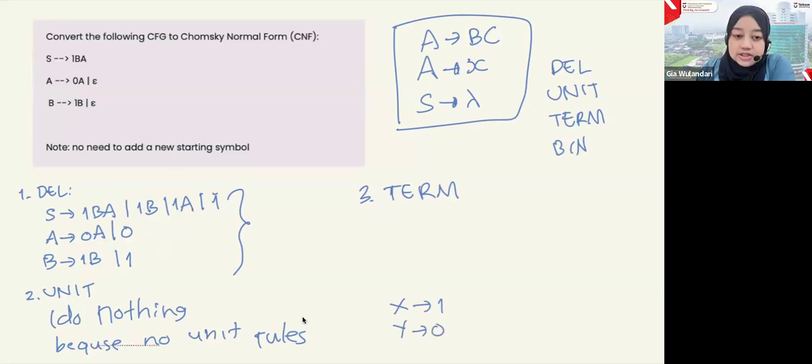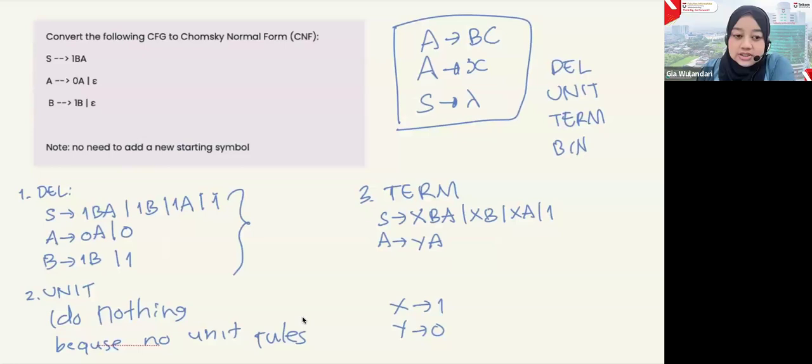So 1BA can be changed into XBA, and then 1B can be changed into XB, and then this is XA, and the last one stays the same because the length is only 1. And then from A, we can have Y or 0. And from B, we can have XB or 1, like this.